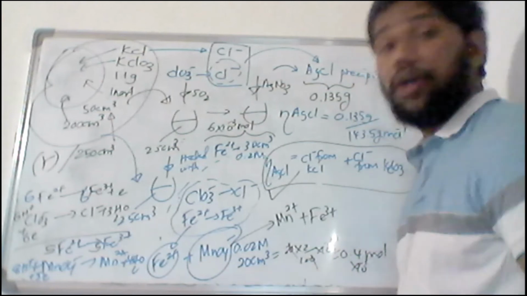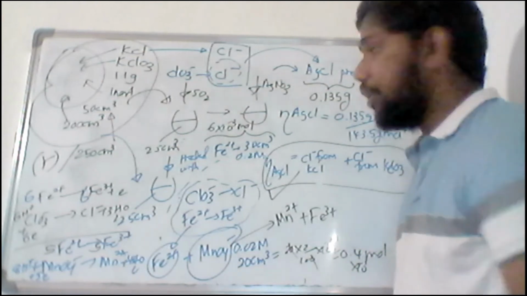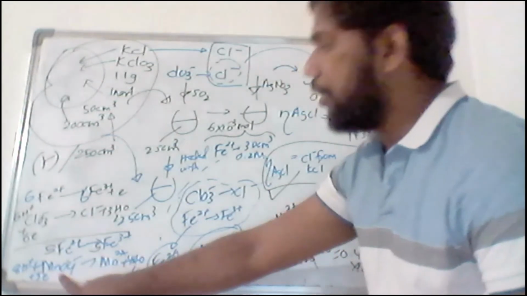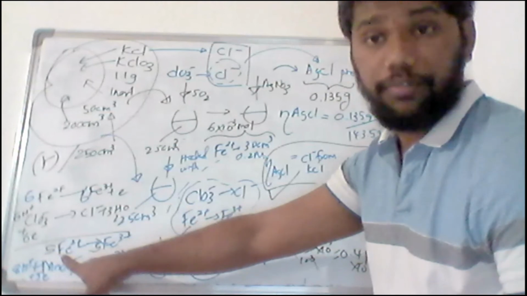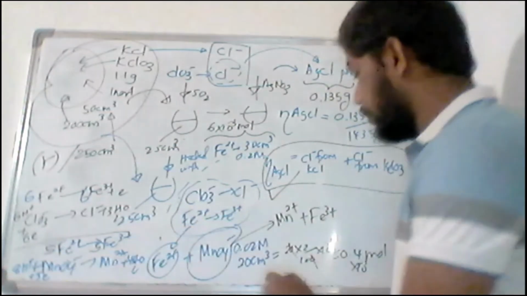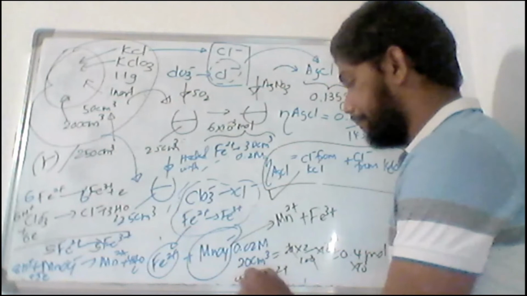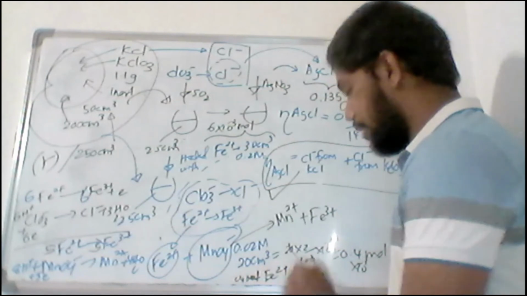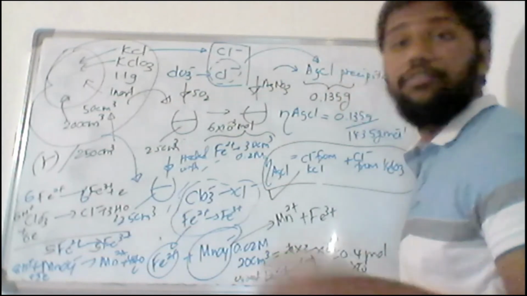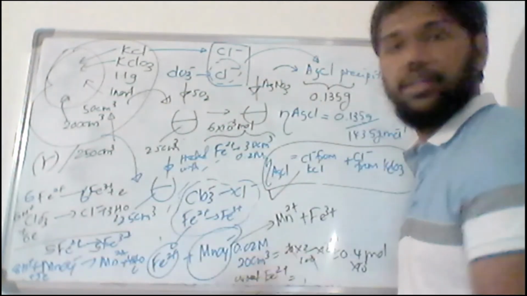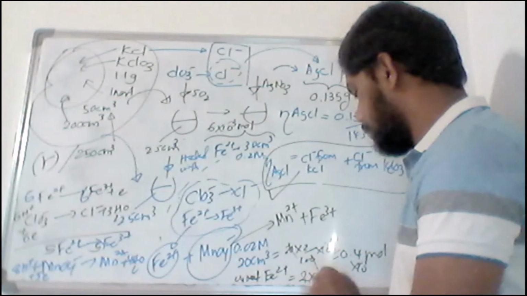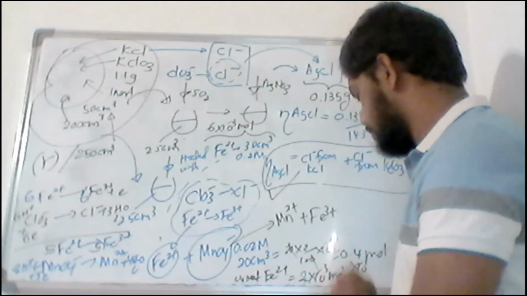So this is the amount of MnO4 minus reacted. According to the stoichiometry, 1 mole of MnO4 minus reacts with 5 moles of Fe2 plus. So you can write the unreacted Fe2 plus should be 0.4 times 5, because the stoichiometry is 1:5. So this will be 2 into 10 to the power minus 3 moles.